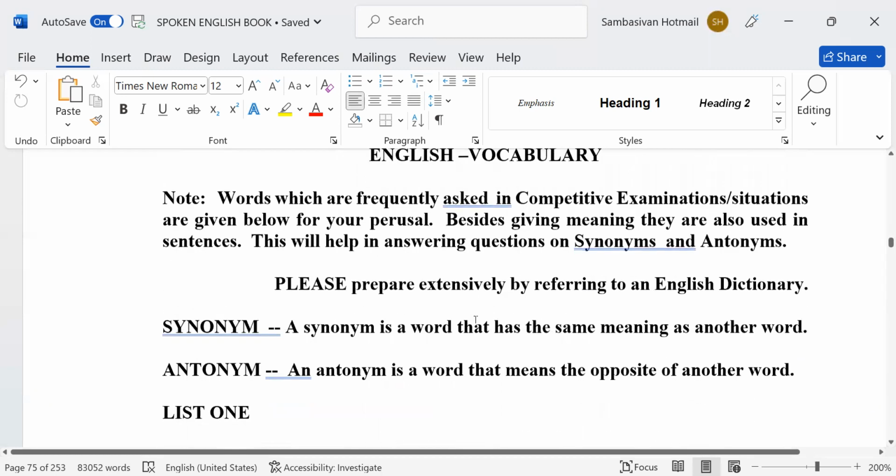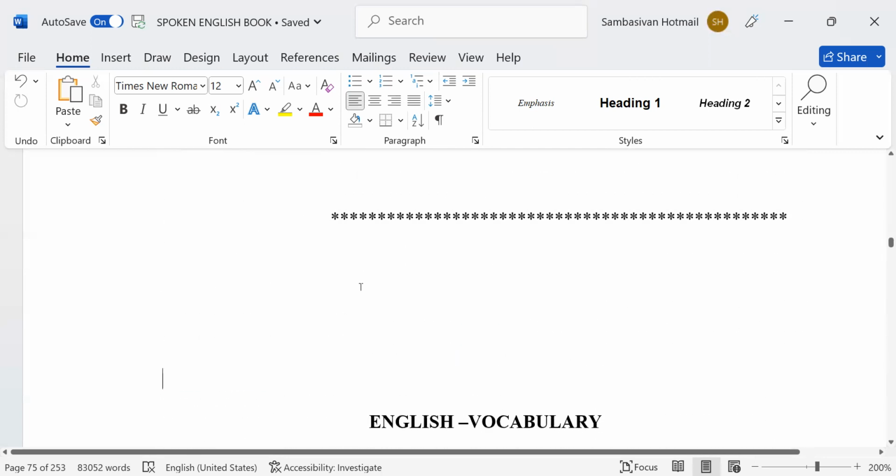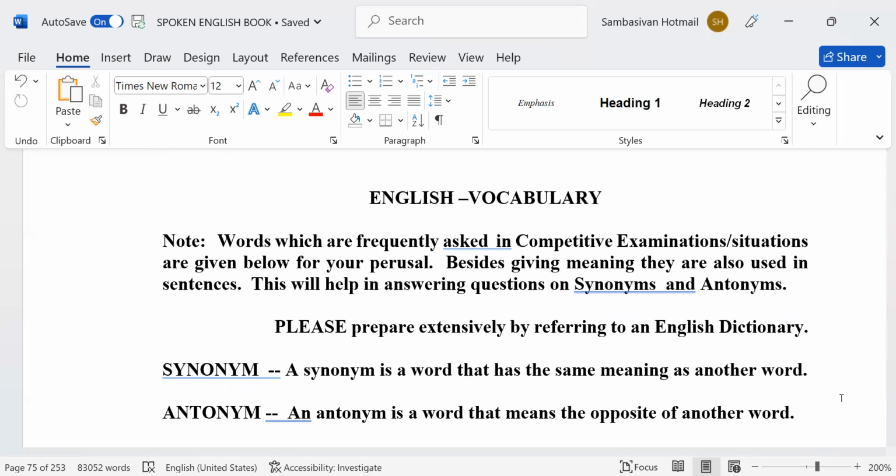Samajh gaya? Yes. Now, this is page number 75. Remember, we are now on page number 75. Please read this note. Words which are frequently asked in competitive examinations are given below for your perusal.